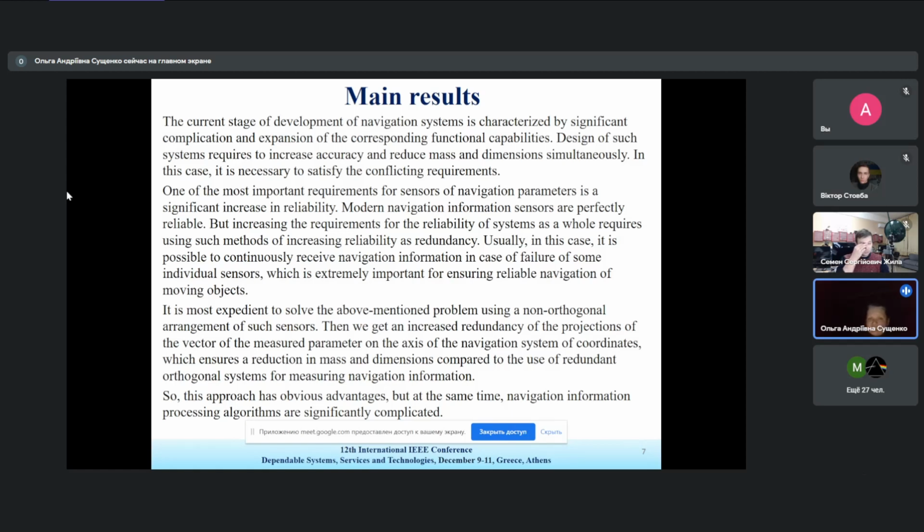Then we get an increased redundancy of the projections of the vector of the measured parameter on the axes of the navigation system of coordinates, which ensures a reduction in mass and dimensions compared to the use of redundant orthogonal systems for measuring navigation information. So this approach has obvious advantages, but at the same time, navigation information processing algorithms are significantly complicated.